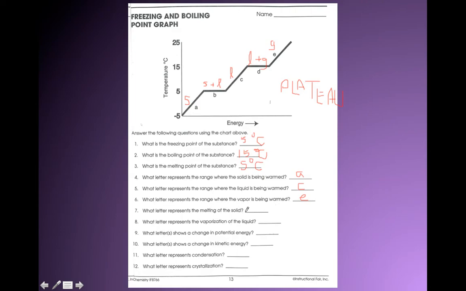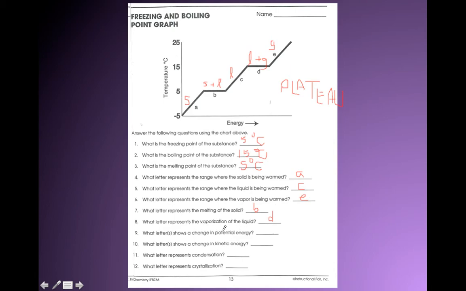What letter represents the melting of the solid? The melting of the solid is here. Solid, liquid, little b. And the vaporization of the liquid is going to be D. And which allows a change in potential energy?